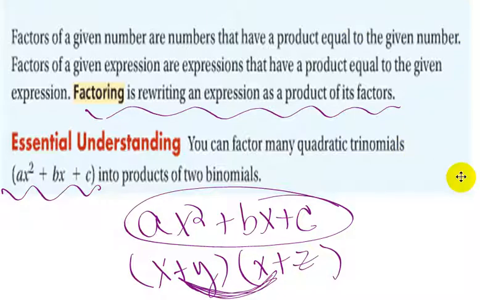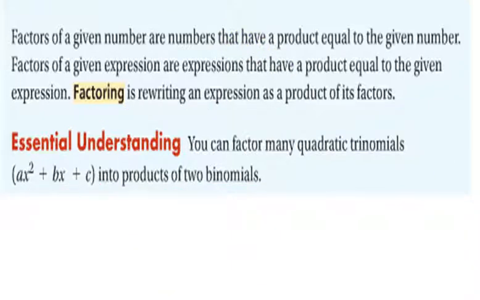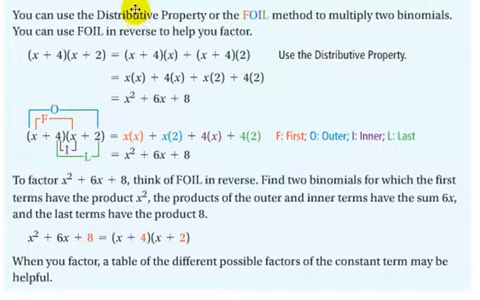Today we're going to focus on when a is equal to 1 or negative 1. So it will begin with an x squared or a negative x squared. We're going to use the FOIL process to check our work when we're done. And I will talk more about this in a minute. If you want to pause the video and read through this, if you're new to it, you may. But I will go through this completely on the first problem.